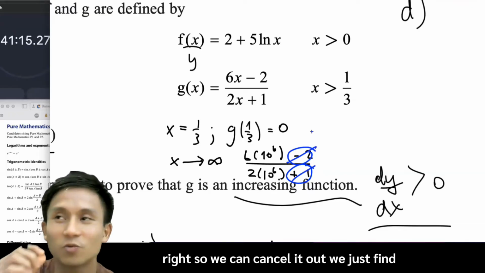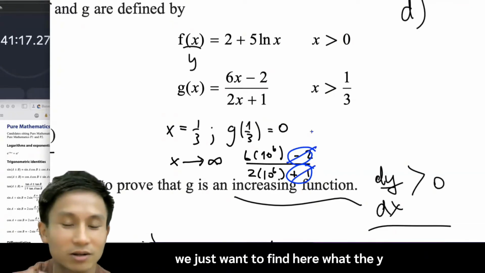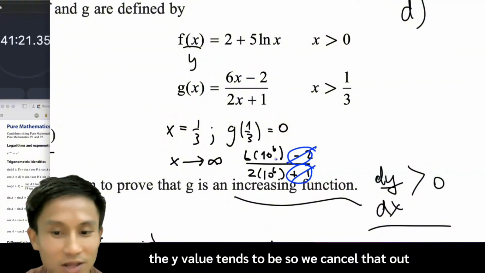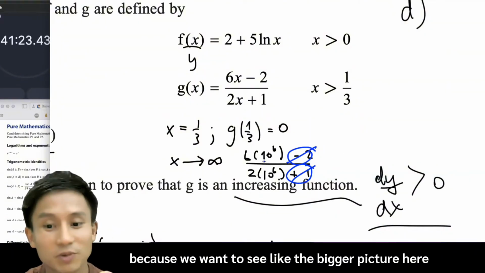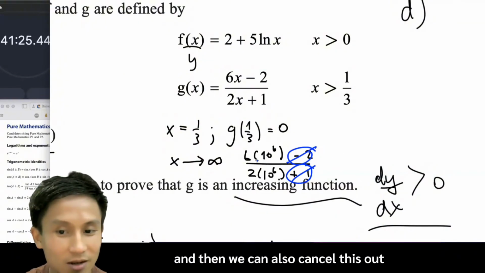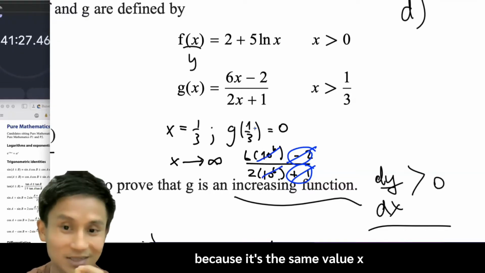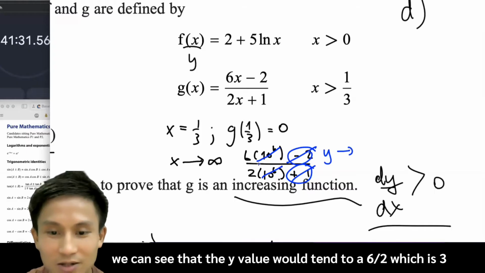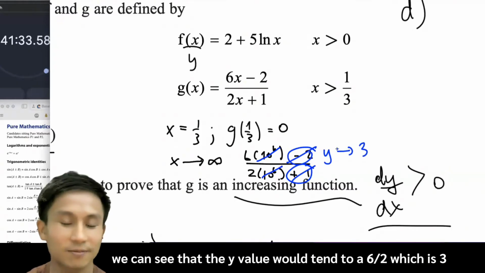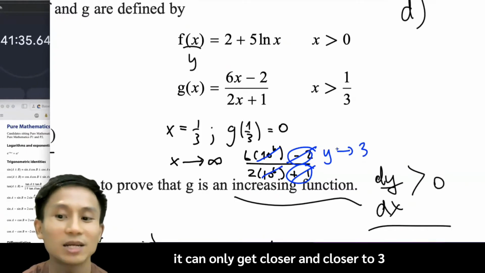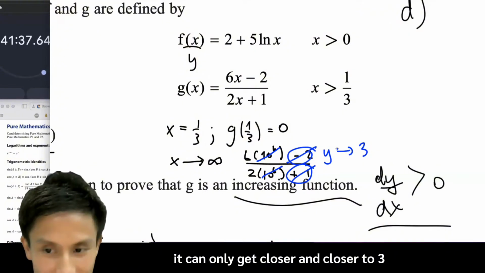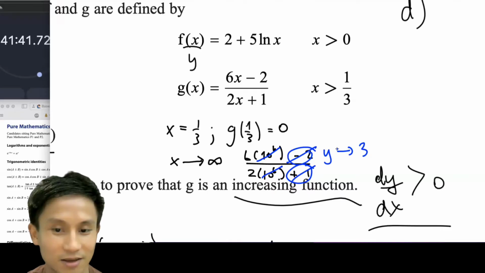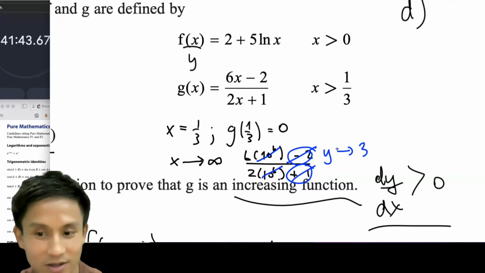We just want to find what the y value tends to be, the bigger picture. We can also cancel out the x, because it's the same value. So the y value would tend to 6/2, which is 3. It can only get closer and closer to 3, but cannot quite reach 3. It's got to keep going forever.